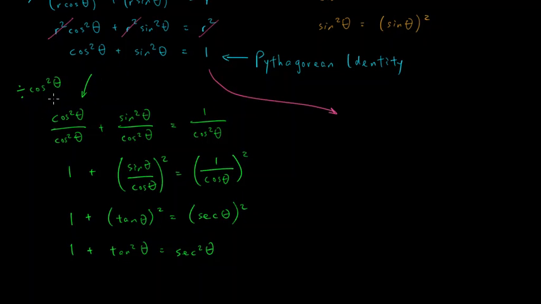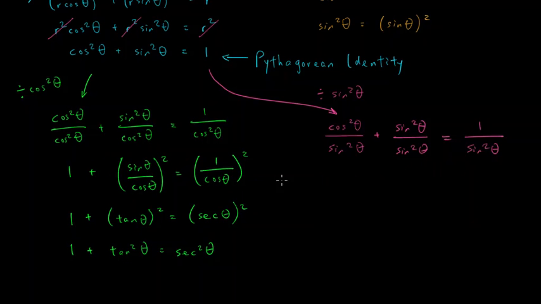Instead of dividing both sides by cosine squared theta, we're going to divide both sides by sine squared theta. And what I'll get will be cosine squared theta over sine squared theta plus sine squared theta over sine squared theta, and that's going to be 1 over sine squared theta.